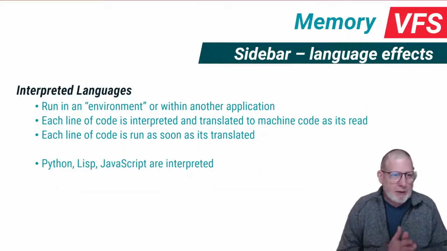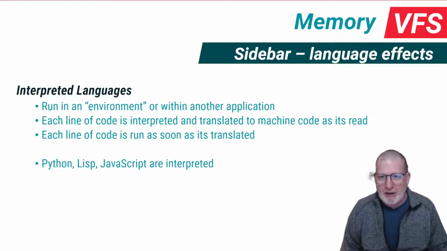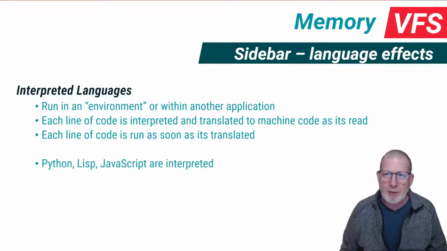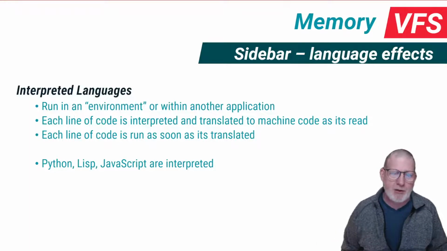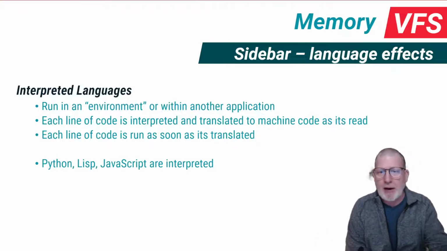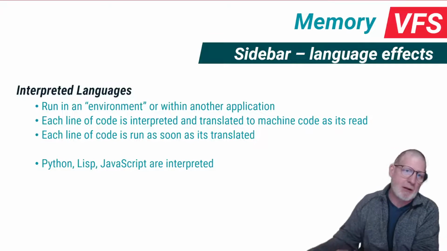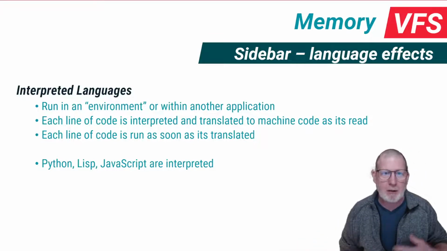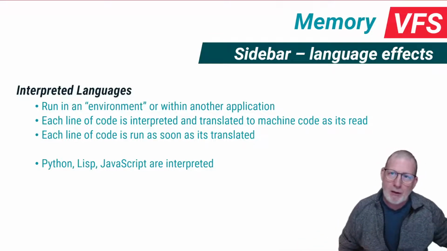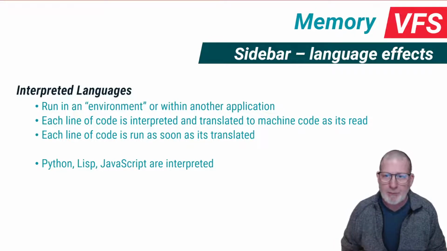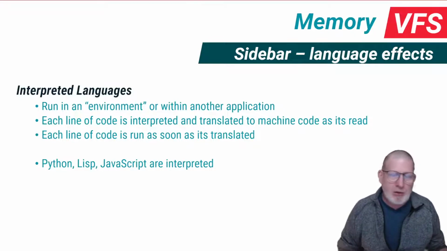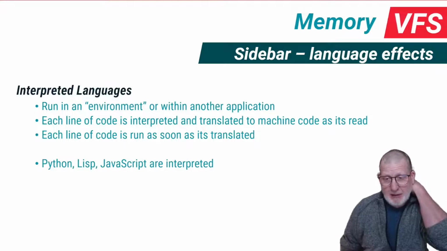Now, interpreted languages, on the other hand, need some sort of environment to run in. And the interpreter reads a line of source code and passes it to the environment. And the environment does the compile, link, machine code run for one line at a time. There's good advantages to this in some cases, and there's a lot of disadvantages in some cases.